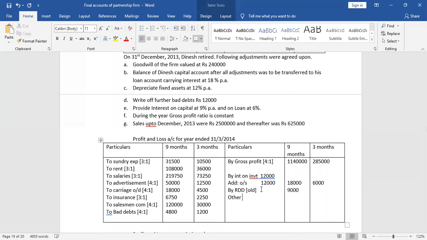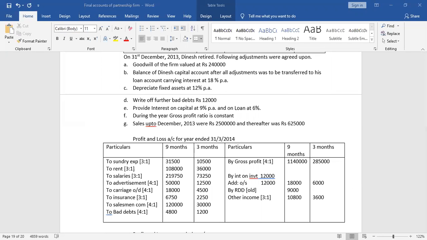Other income is related to time. 9 months and 3 months, 14,400. You will get 10,800 and 3,600.